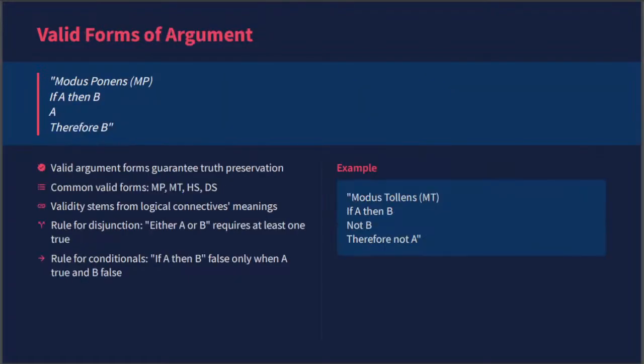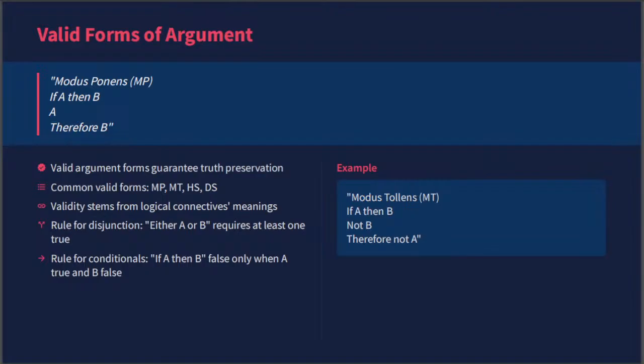Let's move along here. And we're on to the valid forms of argument. Here we have the modus ponens, the MP. If A, then B. If A is true, then B is true. A is true, therefore B is true. Valid argument forms guarantee truth preservation.